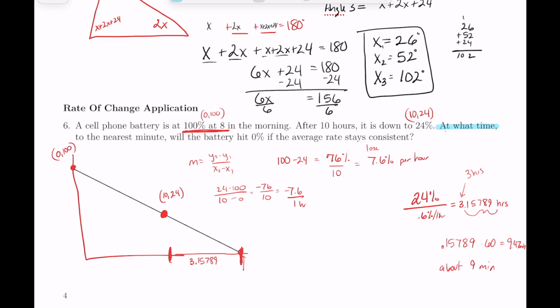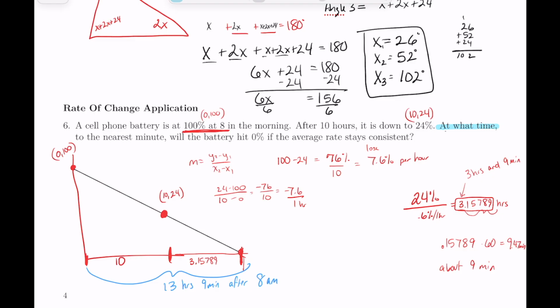So this 3.15789 hours really turns into 3 hours and 9 minutes after the 10 hours. Okay, so in total, if this is 10 hours from the start until 10 hours later, then this total is going to be 13 hours and 9 minutes after 8 a.m.